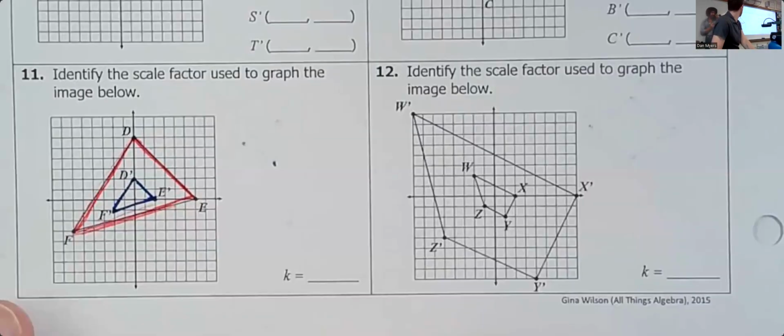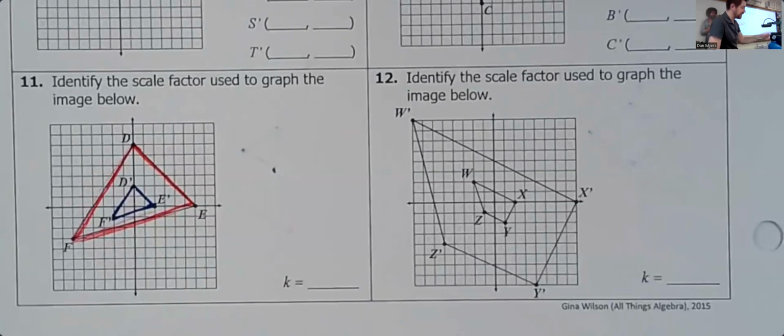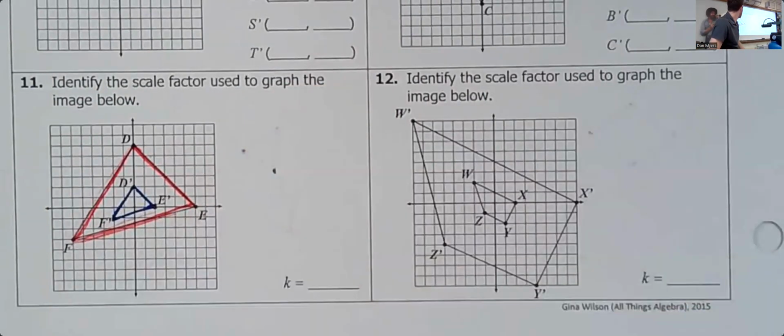So in order to do this, I'm just going to write down a little bit of a note here. And I want you to write this down here as well. It's actually a pretty straightforward process.